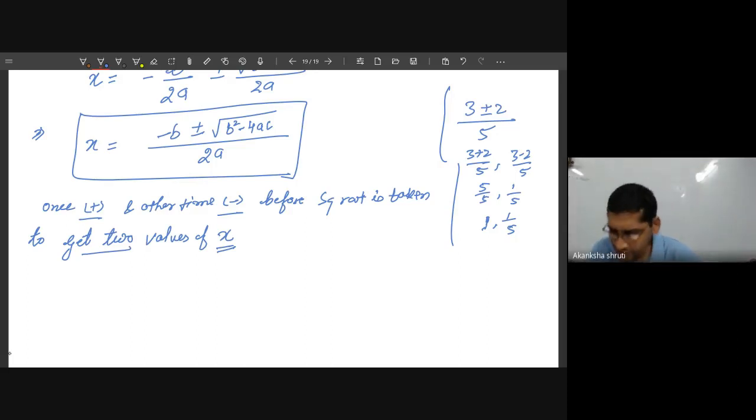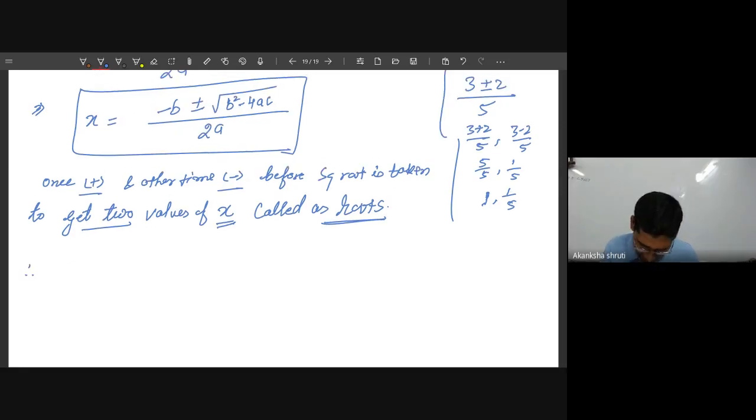And these values are called what? These are the roots. Whatever the value of x, the solution of this equation, is called roots. Sometimes we denote the plus sign value by alpha and the negative sign value by beta.